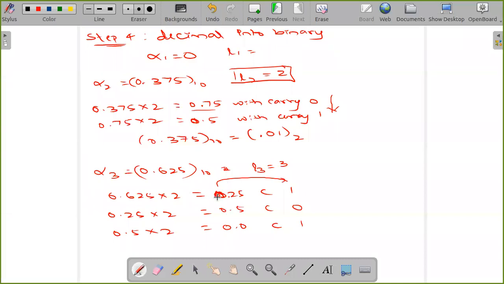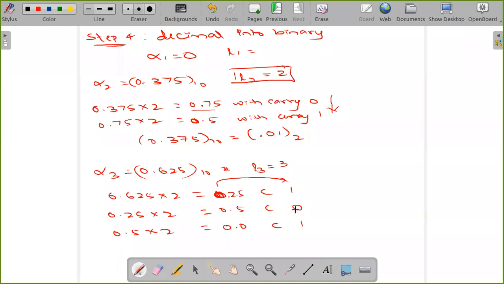So for 1.25, the 1 is indicated as carry. Similarly here, 0.75 into 2 is 1.5, so 1 has been taken out and 0.5 is kept there. Is that clear, Humaira? Yes, sir. Thank you.